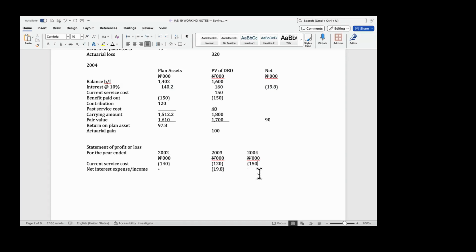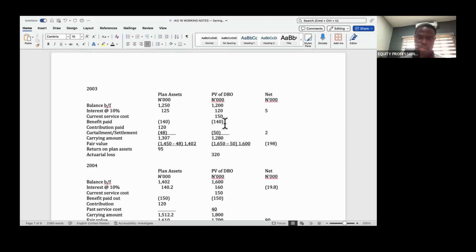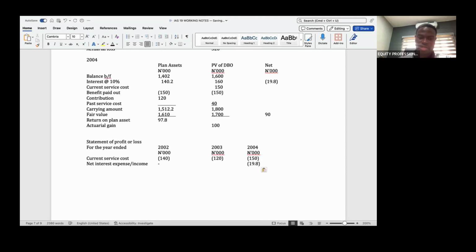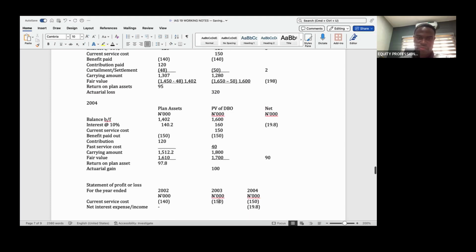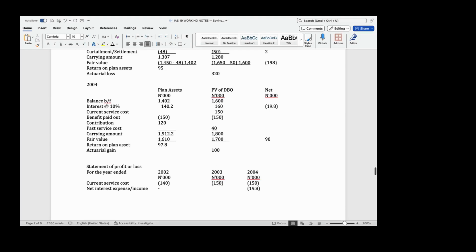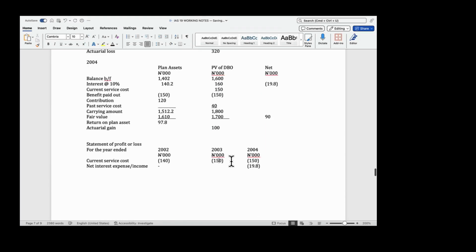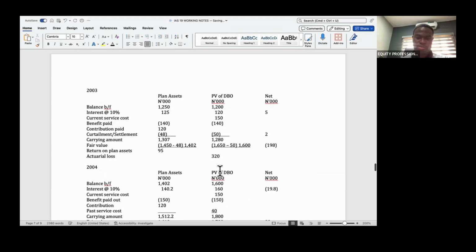Then there's a mix-up. The current service cost for 2003, it's 150. Am I mixing it up? 2004, it's 150. Yeah. How about 2002? It's correct. 140. Thank you.